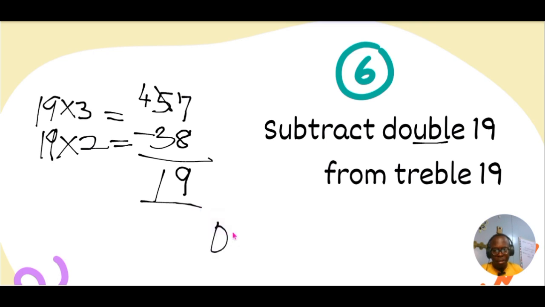Treble 19 means 3 oranges. You understand? Then I'm taking away 2 oranges from it. Definitely I'm going to be having 1 orange left, which is actually a 19. So you might not want to go through the method of doing the additions and subtractions and multiplications and all that. So right from the question, you could repeat that mentally.